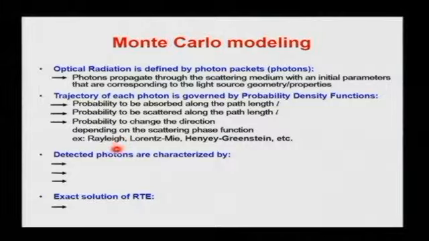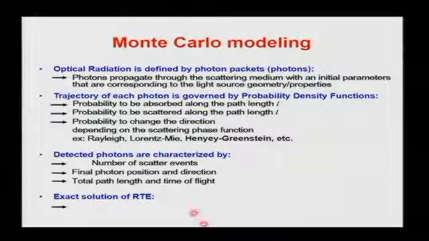For small particles, we can use the Rayleigh scattering function. For bigger particles, the Mie scattering function, or Lorenz-Mie scattering function. But very often we use the so-called Henyey-Greenstein phase function, which is an averaging process for simplicity.